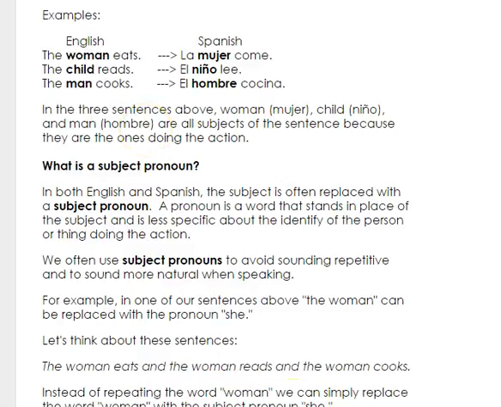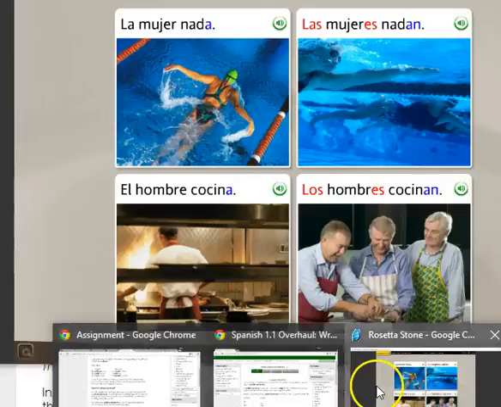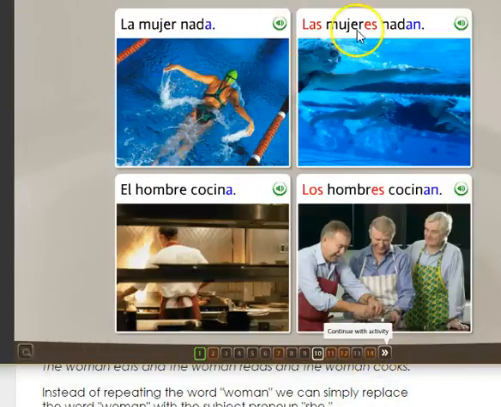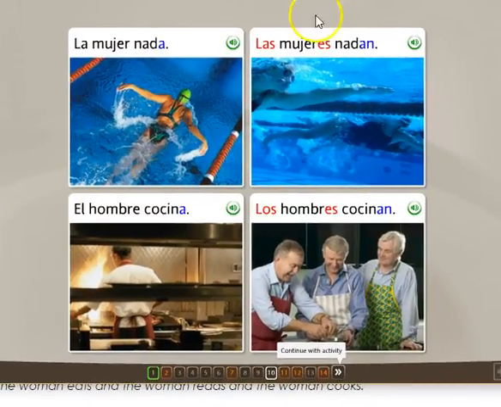If we look over at Rosetta Stone, we understand that we have been learning basic sentences with basic subjects and verbs. La mujer nada, for example, which means the woman swims, has a subject, la mujer, or the woman.